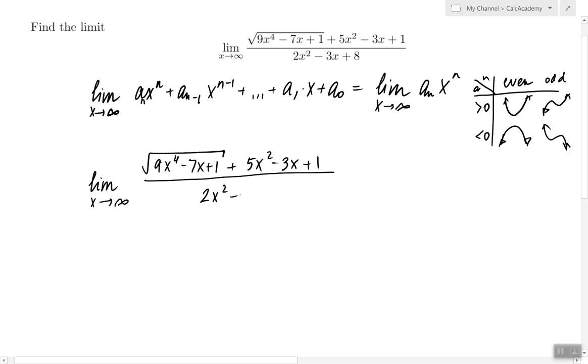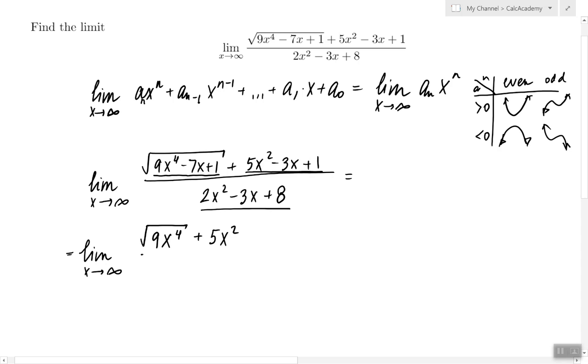So that means that in this expression we have three polynomials, 1, 2, and 3, and each of these polynomials I'm just going to replace with its leading term. It is important to remember that this only works when x approaches infinity. If it's not approaching infinity, then you cannot do that.